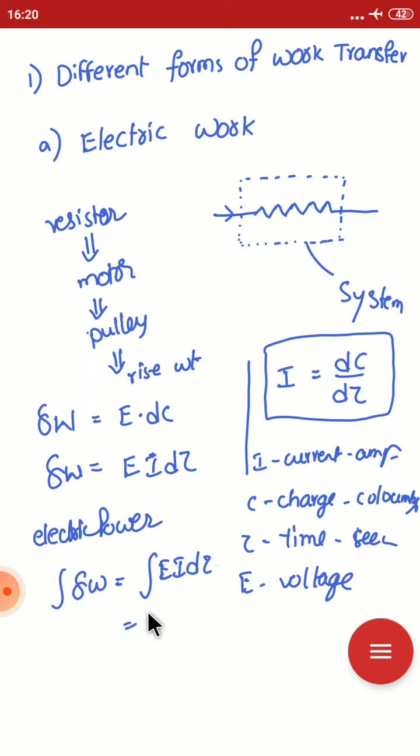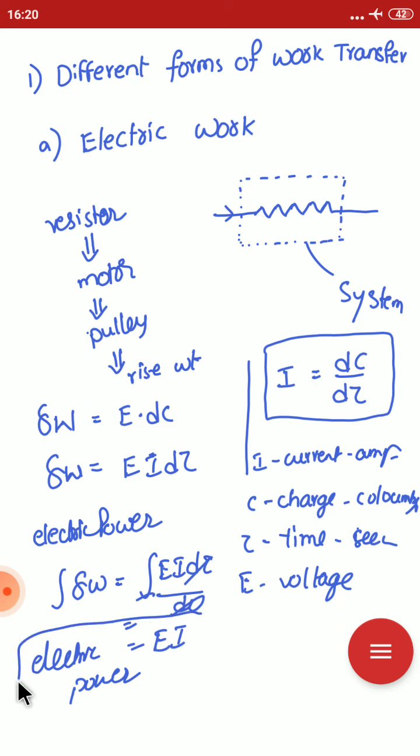It is a rate, so tau gets cancelled. E into I is the electric power, where E is the voltage and I is the current in amperes. This is the rate at which the work is transferred through a resistor.